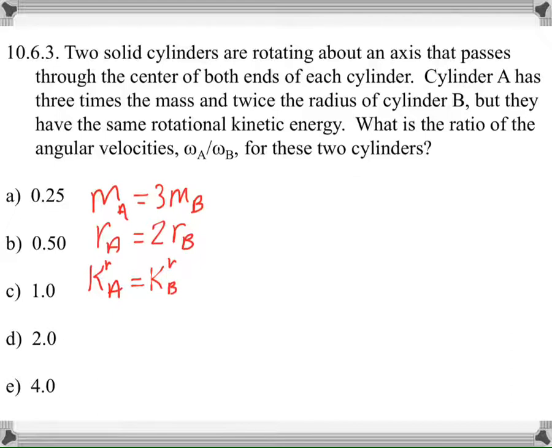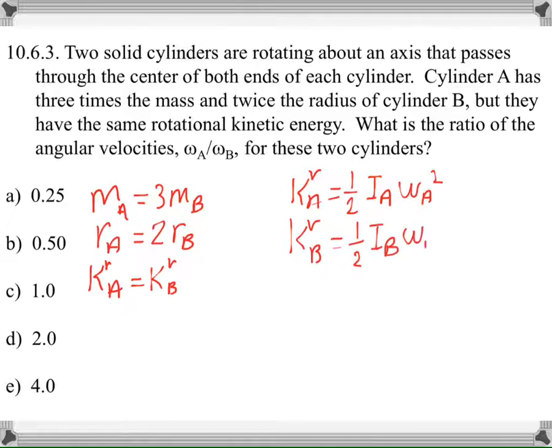What is the ratio of their angular velocities? What are the expressions for rotational kinetic energy? KA is equal to 1/2 IA, the moment of inertia of the mass A, times omega A squared. Right? This is the expression for the rotational kinetic energy. And for B, 1/2 IB omega B squared.